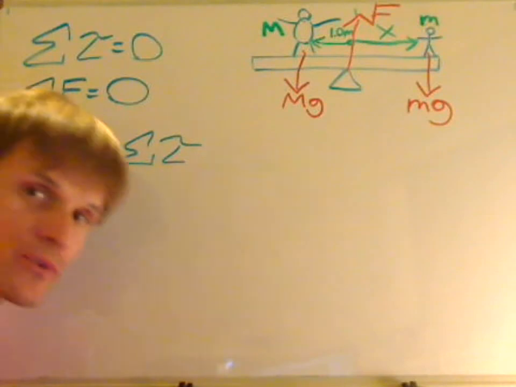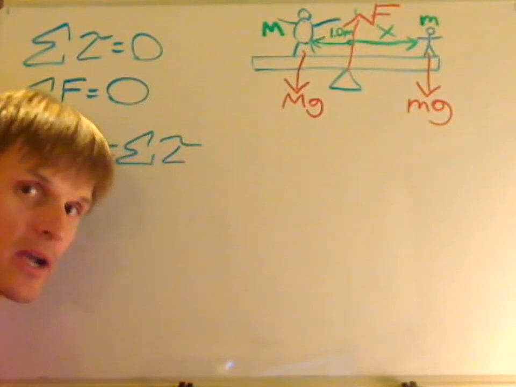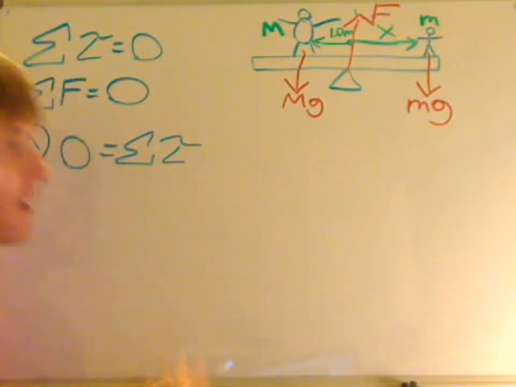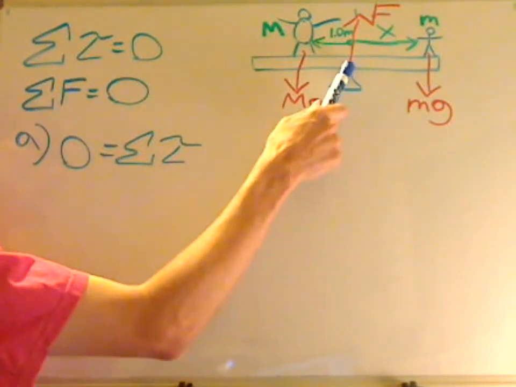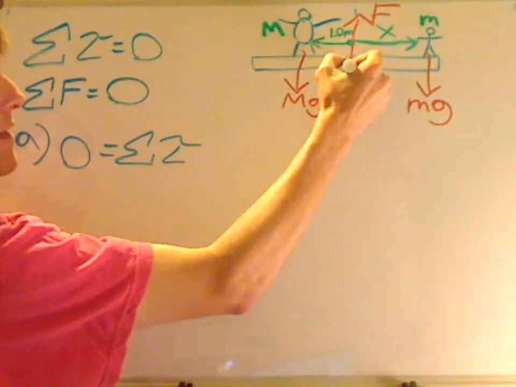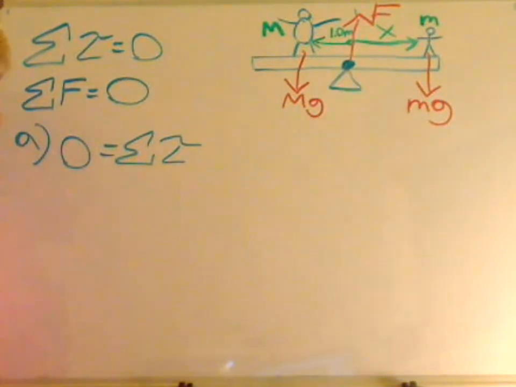And remember, when we're doing problems like this, we can pick any point we want as the pivot point. Now, for this particular problem, the actual point of contact here is probably the best point to pick as the pivot point. Fairly obvious in this problem, but as we do some other examples, it's a more arbitrary choice about where we want to pick the pivot point.